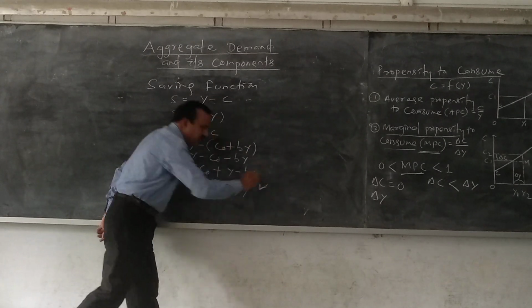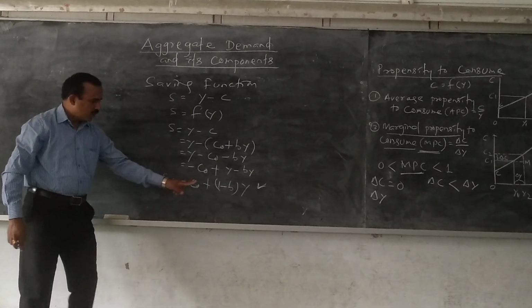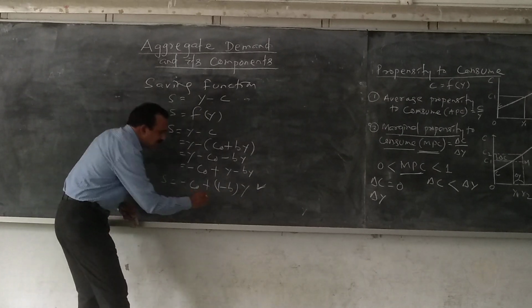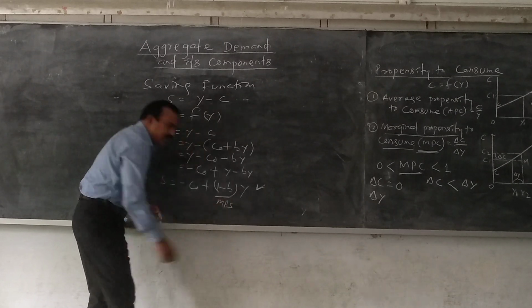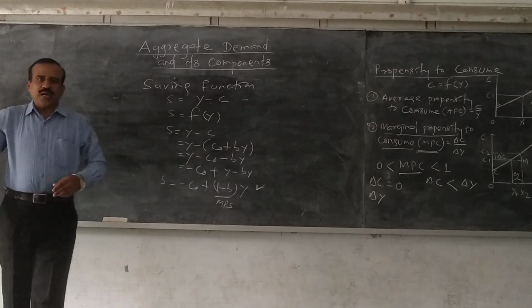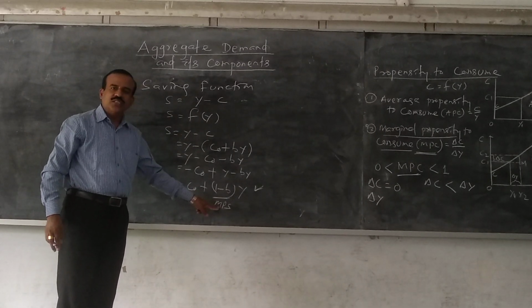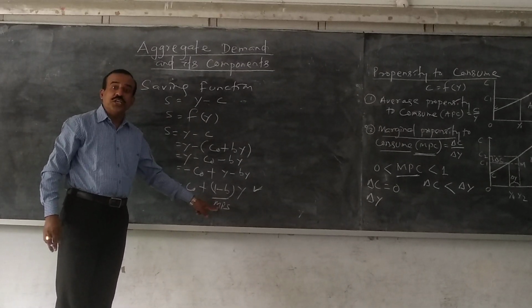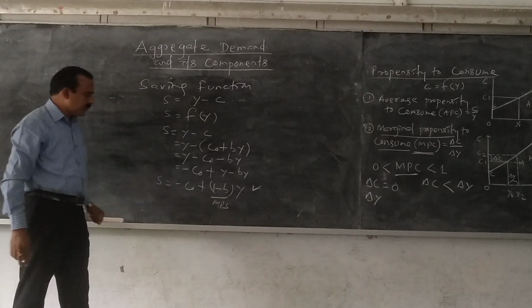This is your saving function. Here c0 is autonomous consumption, and 1 minus b is your MPS, marginal propensity to save. It is the ratio between change in saving and change in income, delta S by delta Y.